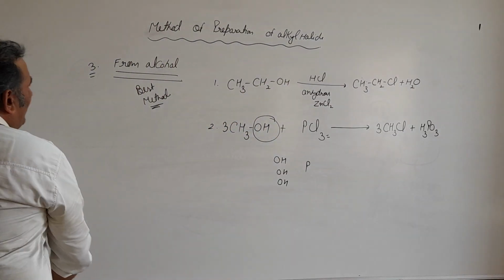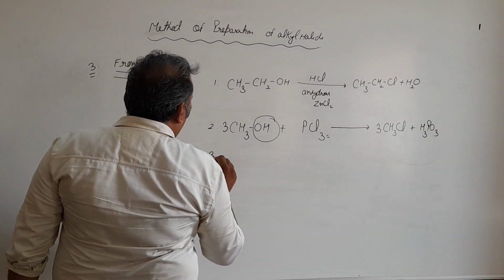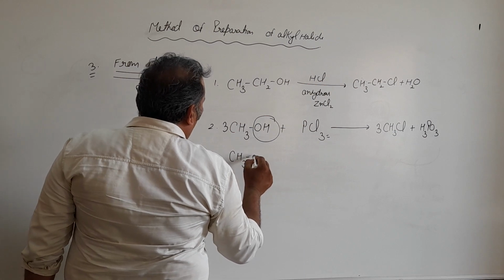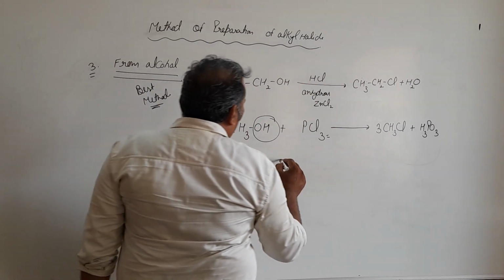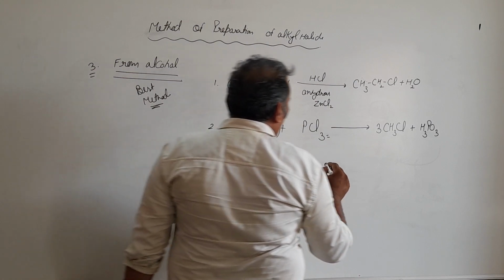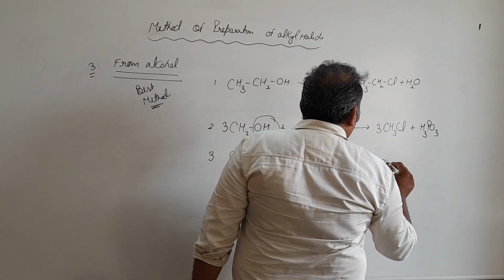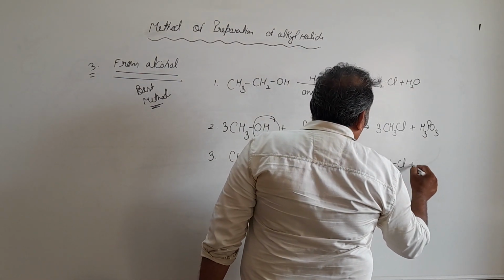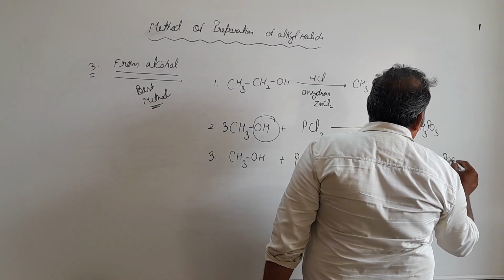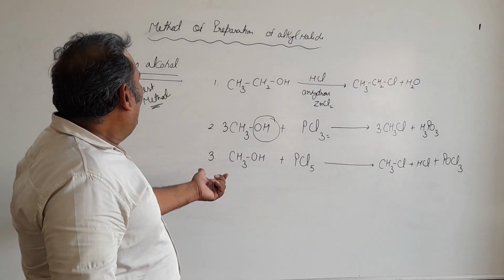Now we can also use PCl5. Third, we can also use PCl5. So CH3OH plus PCl5, phosphorus pentachloride, and we will get CH3Cl plus HCl plus the remaining part POCl3, phosphoryl chloride.